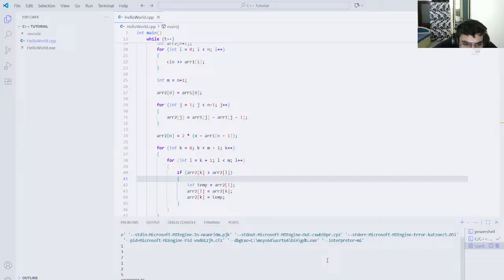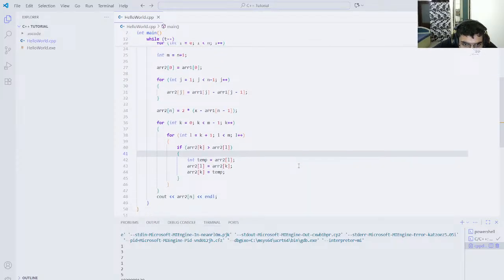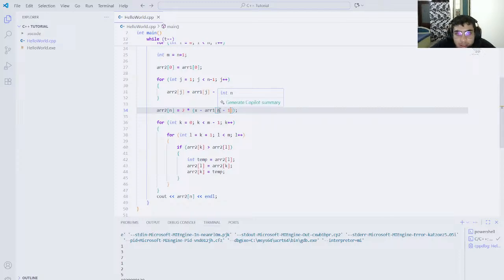Why is it giving the exact same answer? N is 3 in this case, so this is x minus 2. X is 7, 7 minus 2, it should be 4.